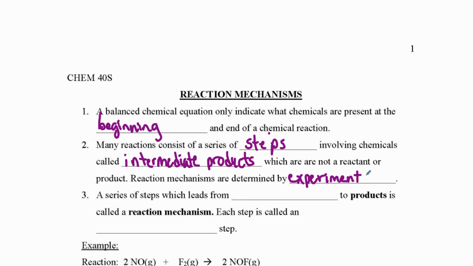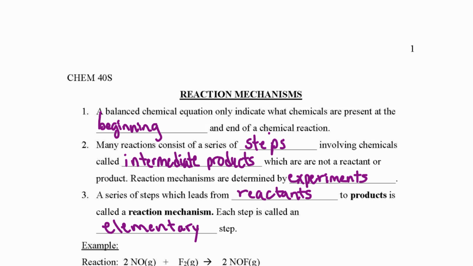You would not know what the intermediate products would be unless you were told, and they can only be discovered through experimentation. So a reaction mechanism is a series of steps which leads from reactants to products, and each step is called an elementary step.